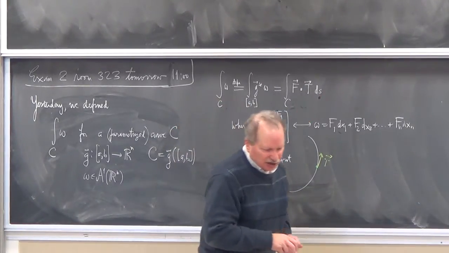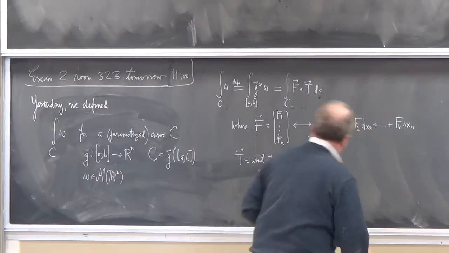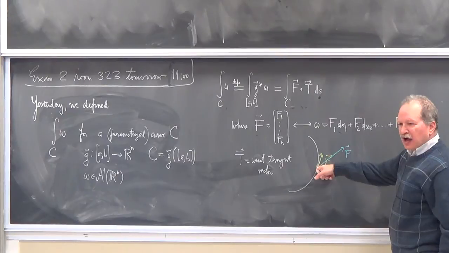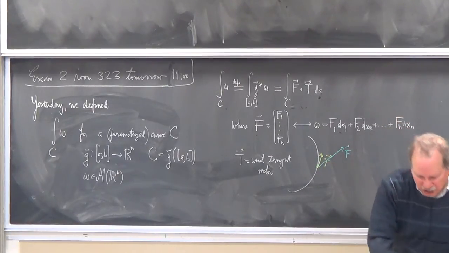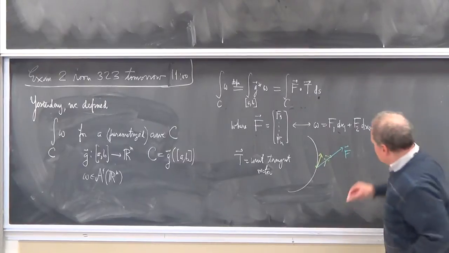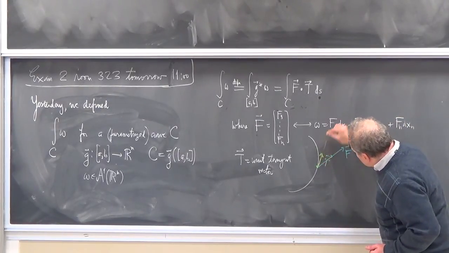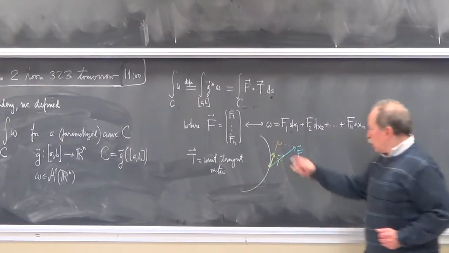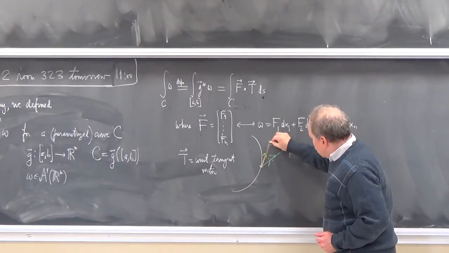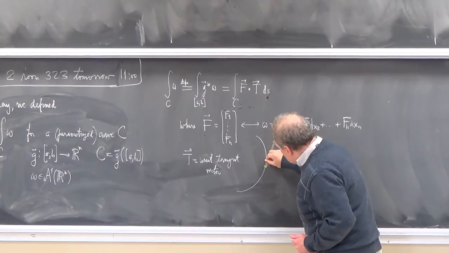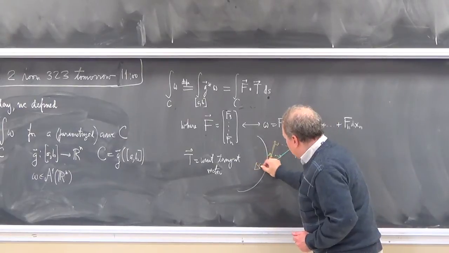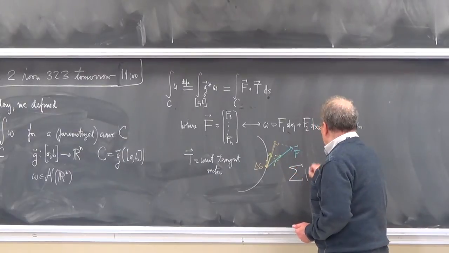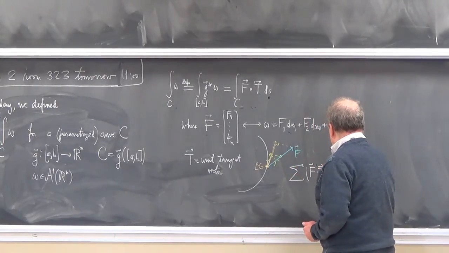So if you take your f and you dot your f with t, then what you're doing at this point is taking how much of f is in the tangent direction to the curve, and multiplying that amount by a little bit of distance as you move along the curve. So you can think about a little delta s, and you're adding up f dot t times these little s's.